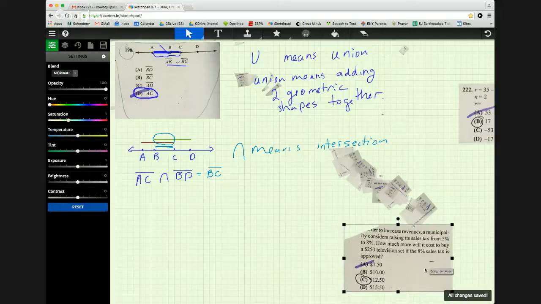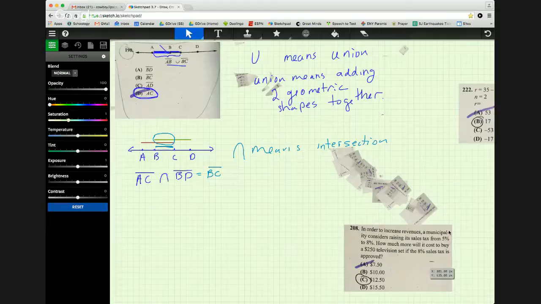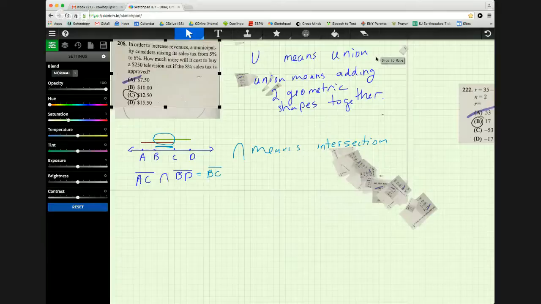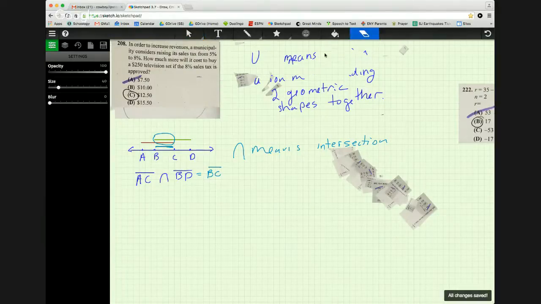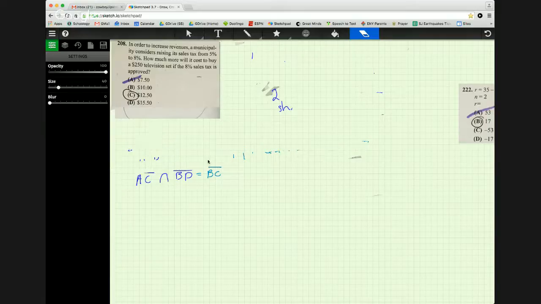I want this one sent to front. All right, and now I want to erase everything else. Erase. And then we'll move on to 222, and then we will be done.